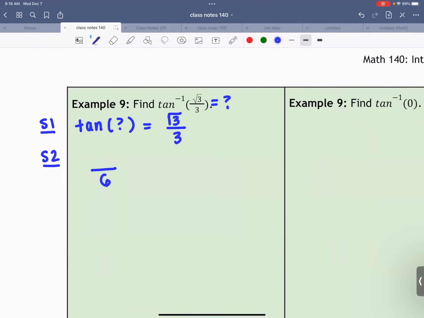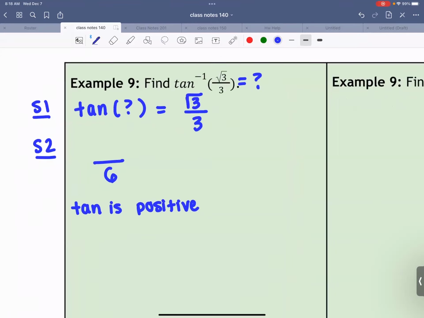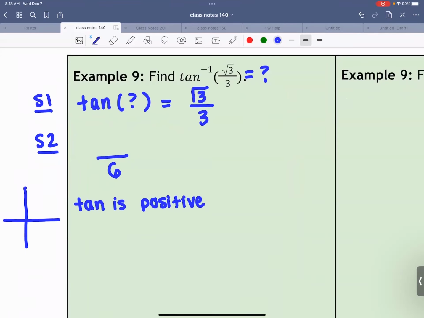This time the tangent is positive. Where is tangent positive on the unit circle? Wait, is it 4? I think it's 3, right? Yeah. Remember our unit circle. Everything is positive in quadrant 1, so tangent has to be positive in quadrant 1.